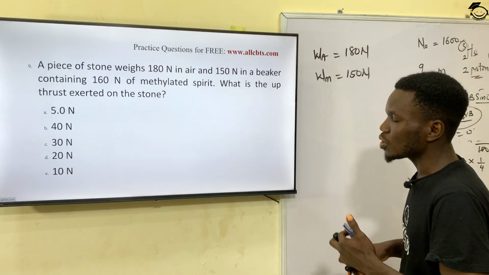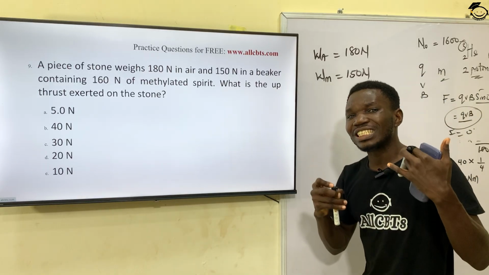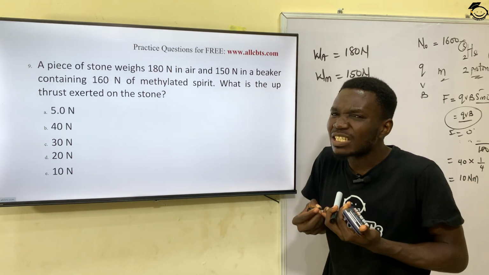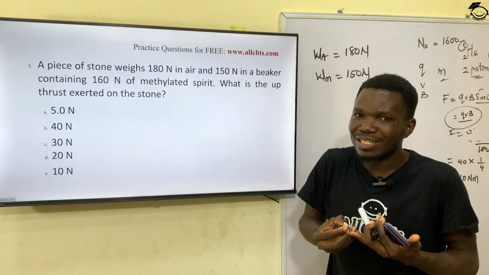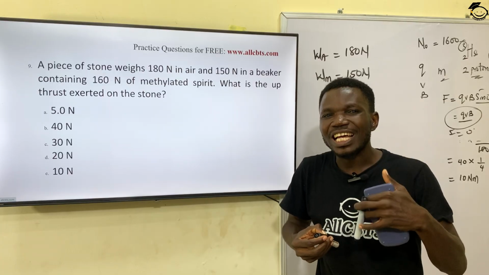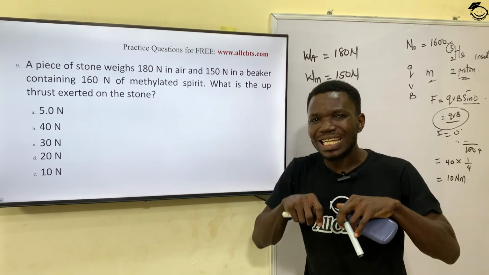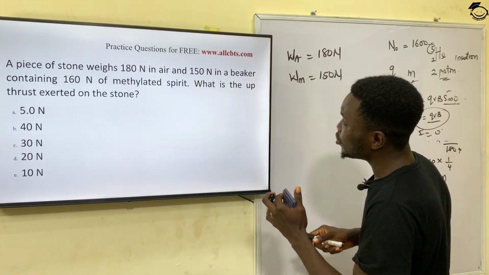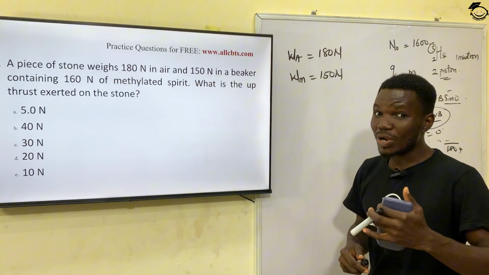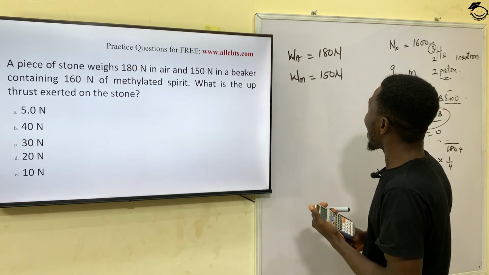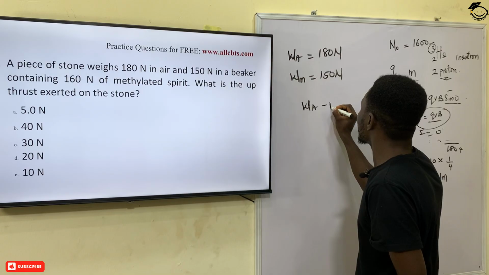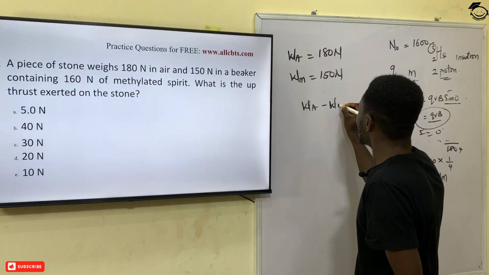What is the upthrust? Now, upthrust is not determined with the quantity or the mass of the liquid you are immersing your object into. Instead, it depends on the weight when immersed in that liquid. So, our 160 Newton of methylated spirit is irrelevant to the question. So, it means that my upthrust is simply the weight in air minus the weight in methylated spirit.